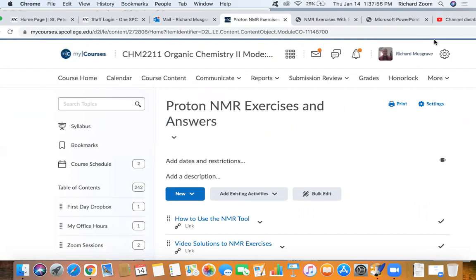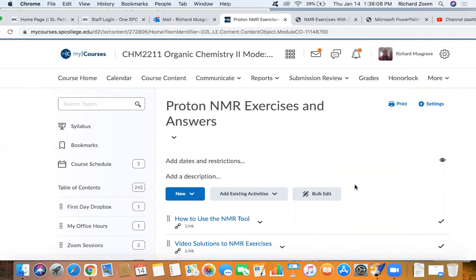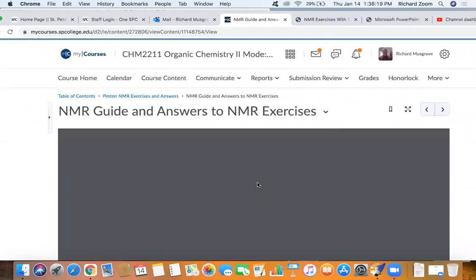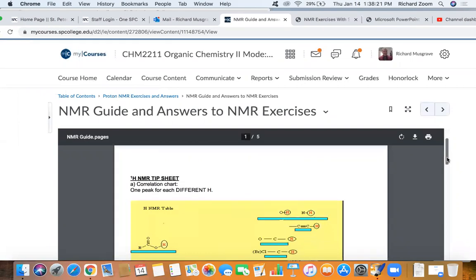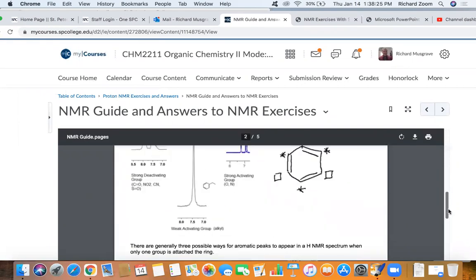Somebody's holding something up. It's me, Deanna. I can't see anything. Sorry. But it is in here. I just printed it. This one here. Oh yeah, NMR guide. There we go. Yeah, here it is. NMR guide and the answers. So it's in here, Julie.